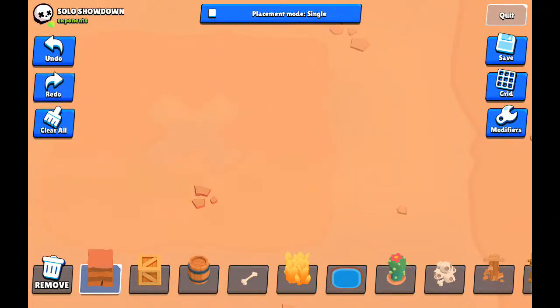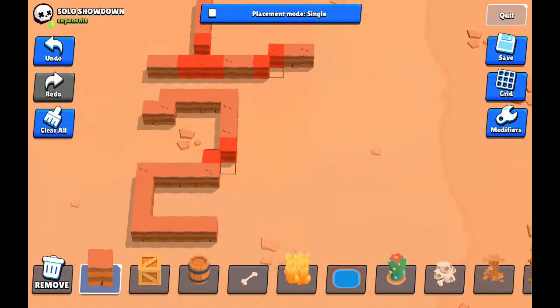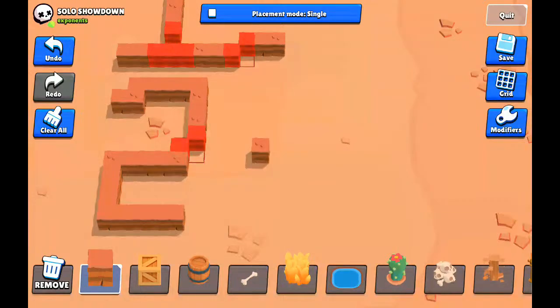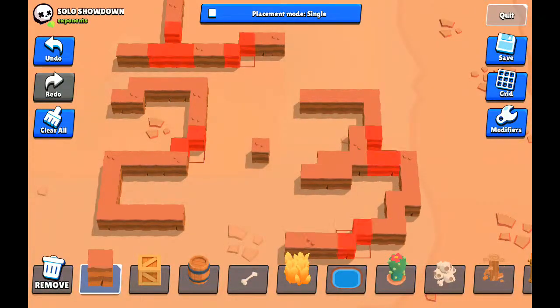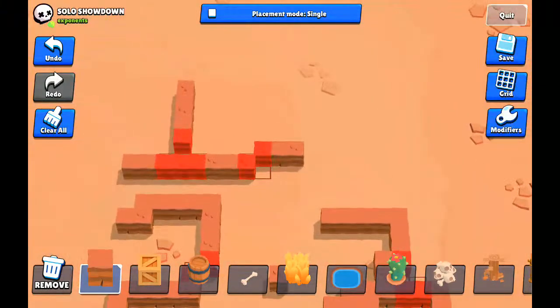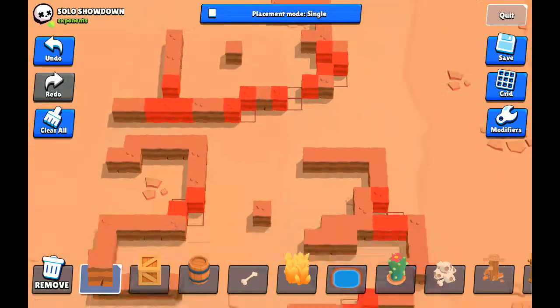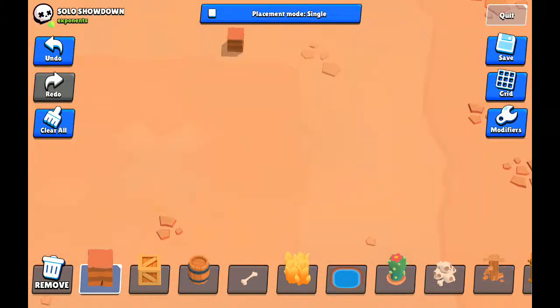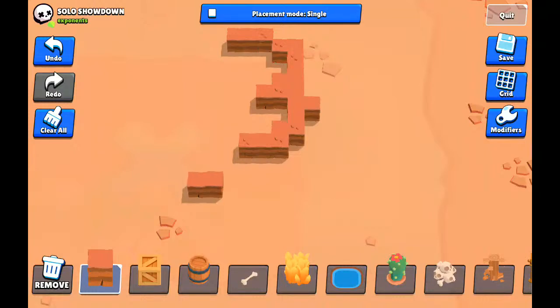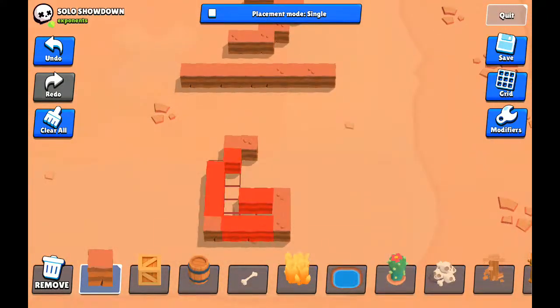Oh my goodness. Undo. 2 times 3 is 6. And then you have to do it to both sides. So 1 times 3. So then that would be 3/6.